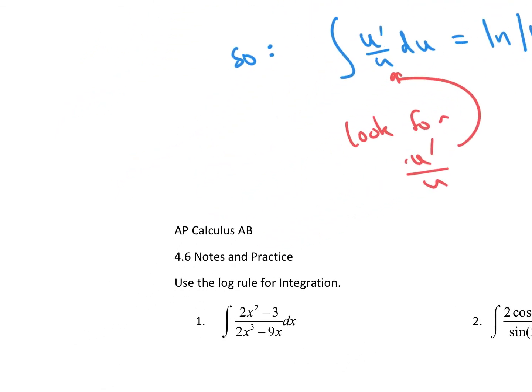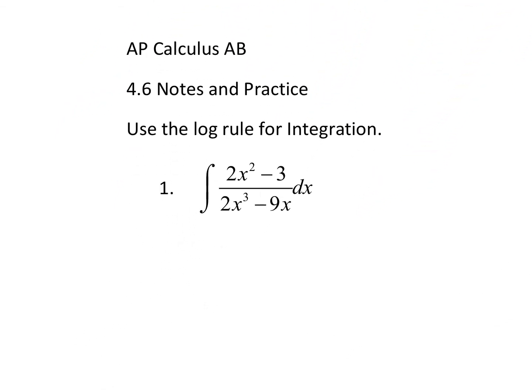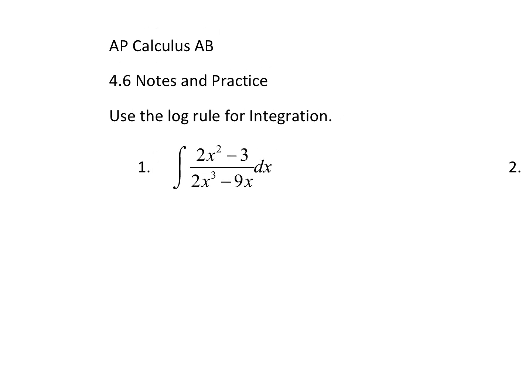So we've got some examples here that we'll work on. First one, we have the integral of 2x squared minus 3 over 2x cubed minus 9x dx. Again, we're looking for some part of this function whose derivative shows up later, and specifically with the log rule, where the function on the bottom has its derivative on the top.